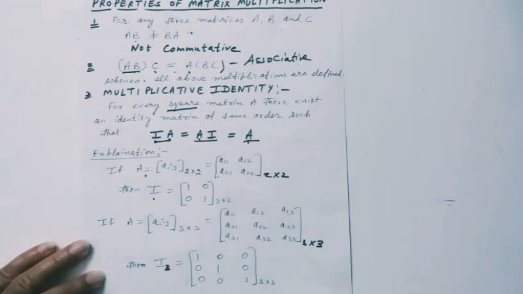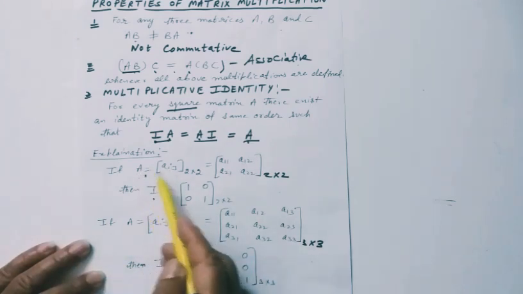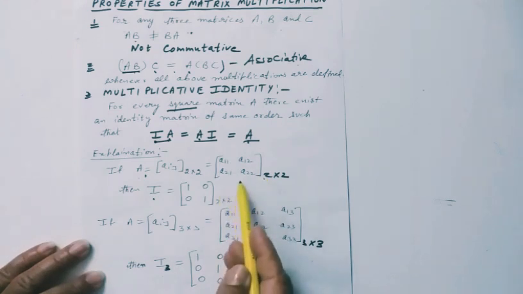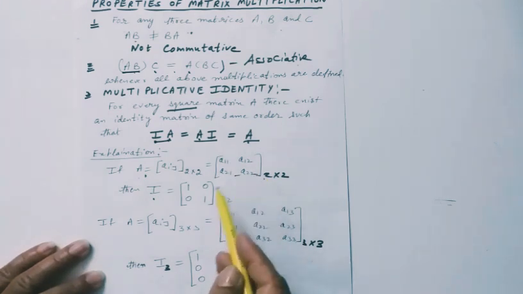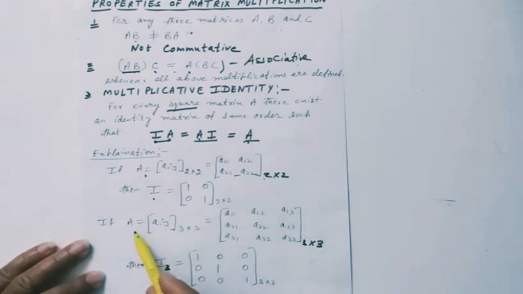For non-square matrices, the multiplicative identity does not exist. So if A is any square matrix of order 2, its multiplicative identity will be the identity matrix of second order. Now if A is any 3 by 3 square matrix, then its multiplicative identity will be the identity matrix of order 3.